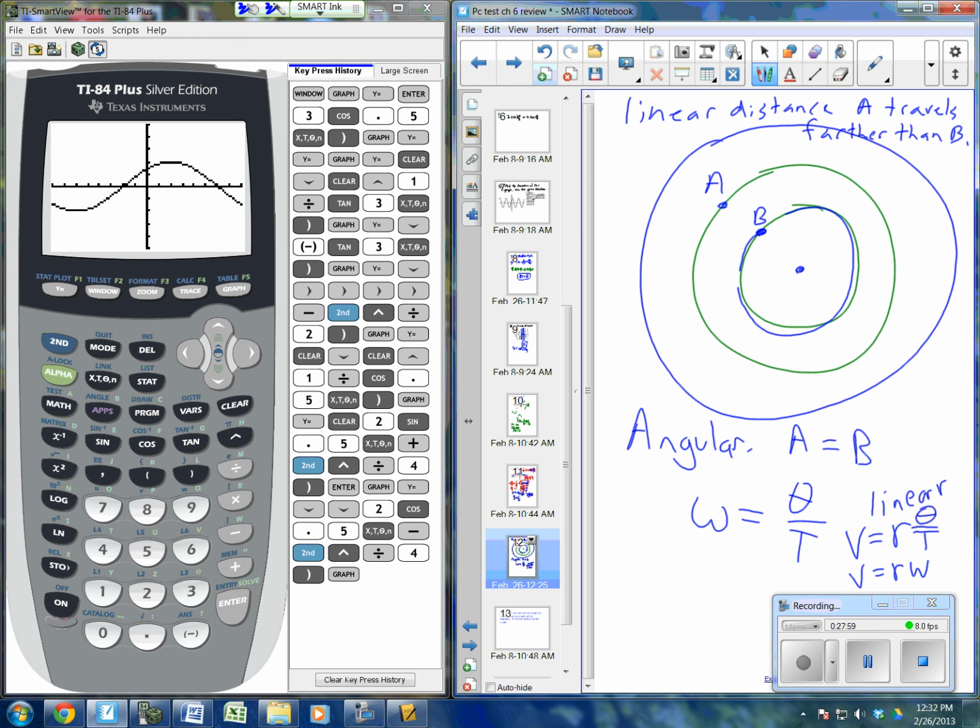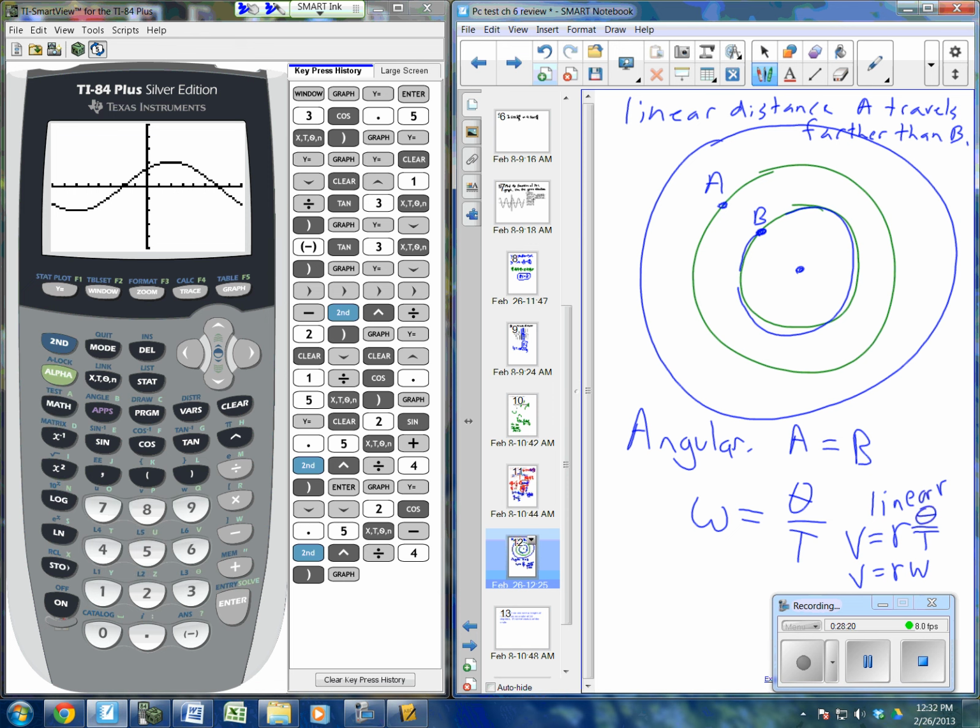No, just if that's what the angle is. They'll give it to you. Oh, I'm not doing angular displacement. Well, angular displacement is the angle in radians.